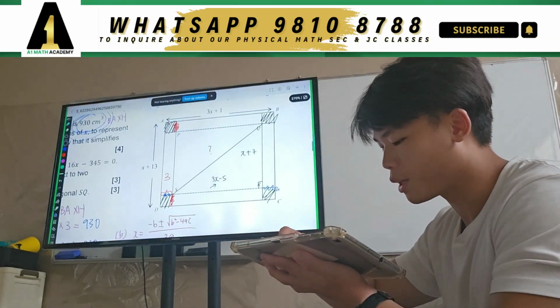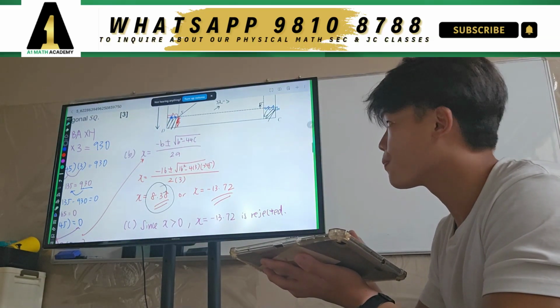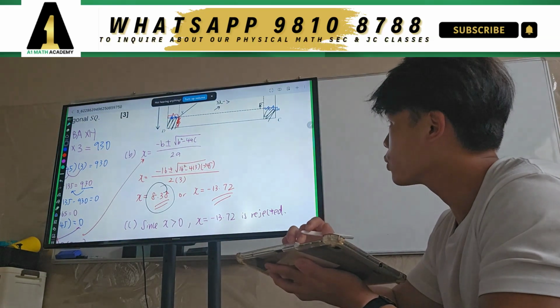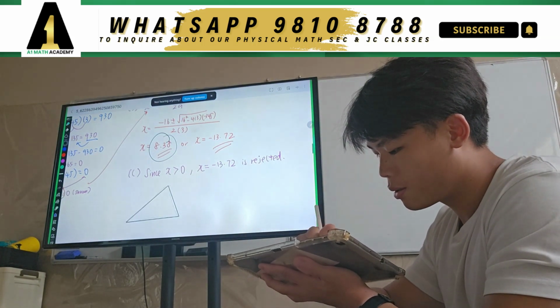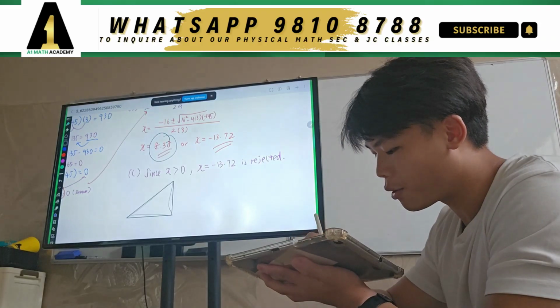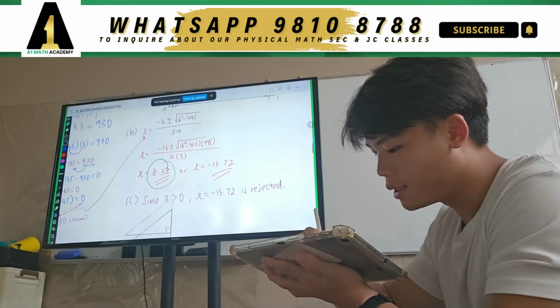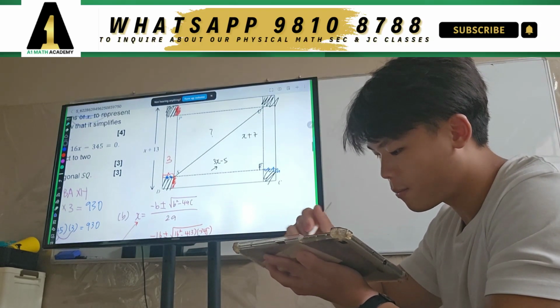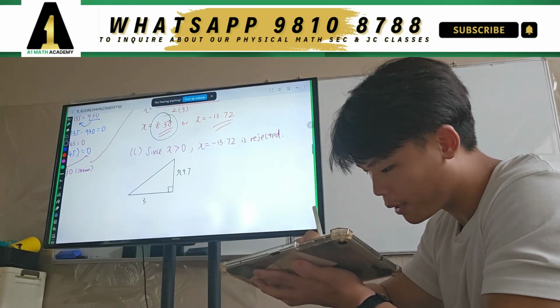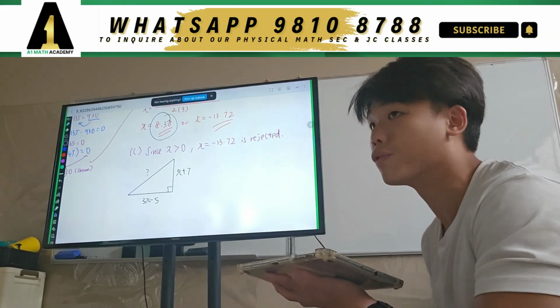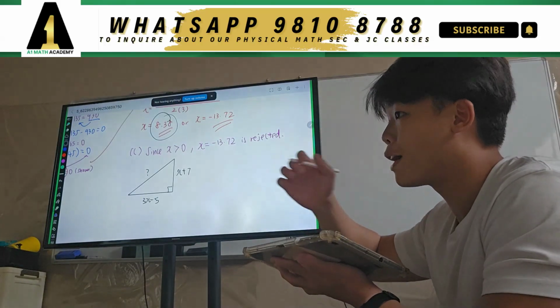Now, what's the value of x that we have now? 8.38, right? So can we put 8.38 inside our triangle now? Can, right? Because now we know what's the value of x. We know that this here is x plus 7, then at the bottom is 3x minus 5, and this is the unknown that we are trying to find. So we can put in the value of x first.